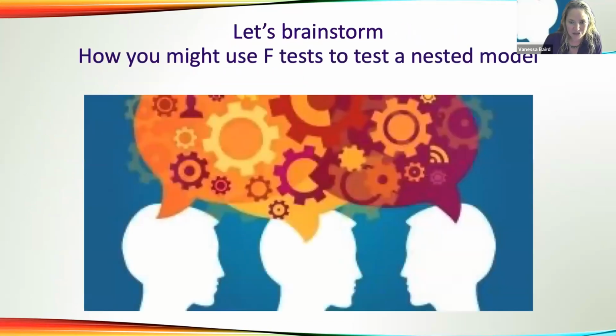You think you're all special. So can you think of any examples where you might want to do an F test, like a nested model where you test a basic model and then see, did these things add? Can you think of something you might want to do?